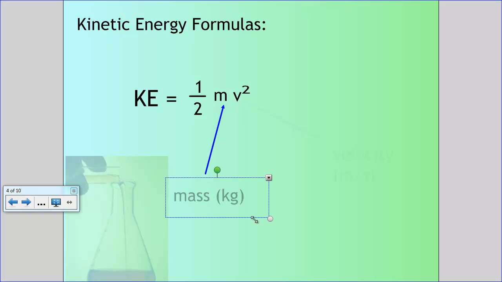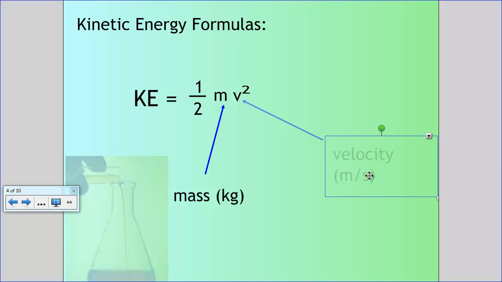The m is the mass in kilograms of the particle, and if we're talking about molecules, that mass is going to be incredibly small. The v is the velocity of the particles, or the meters per second that they're traveling, and then we square that. If you multiply all that together, you get the kinetic energy.